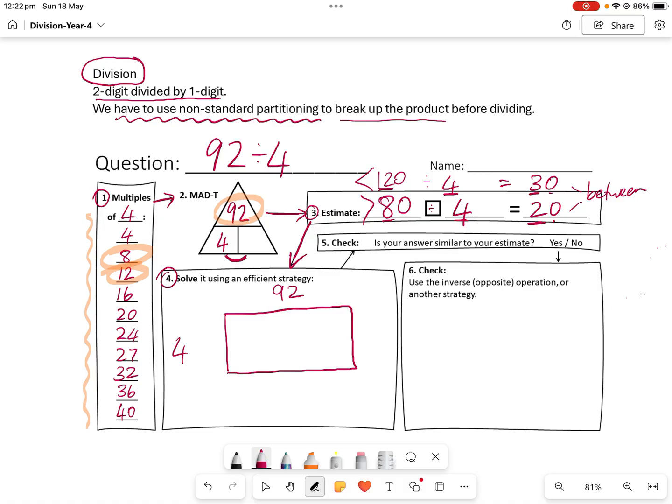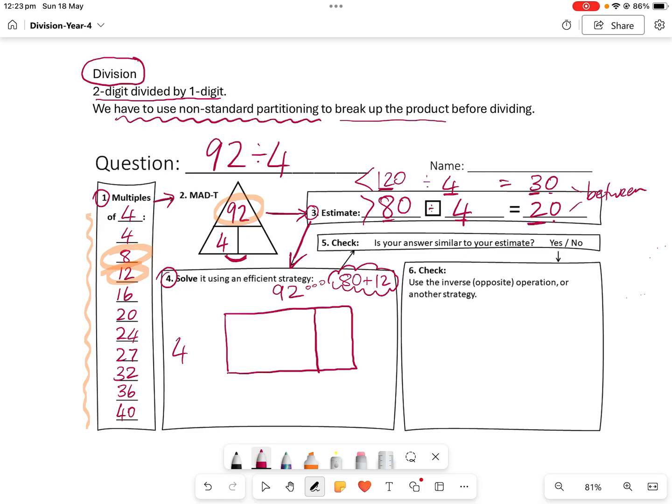Having a look at my multiples of 4, I know I could break it into 80 plus something. If I started with 80 and I have 12 more, that would make 92, wouldn't it? 80 plus 12 is 92.